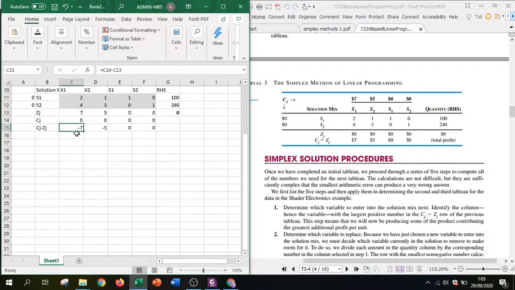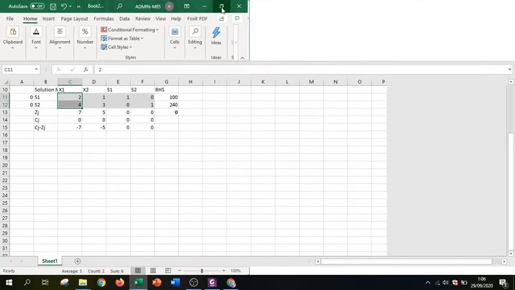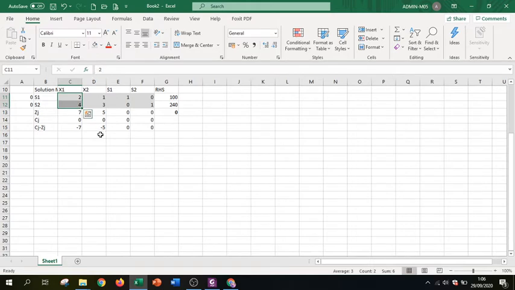So we can find the pivot, the key element, and first we have the column pivot.